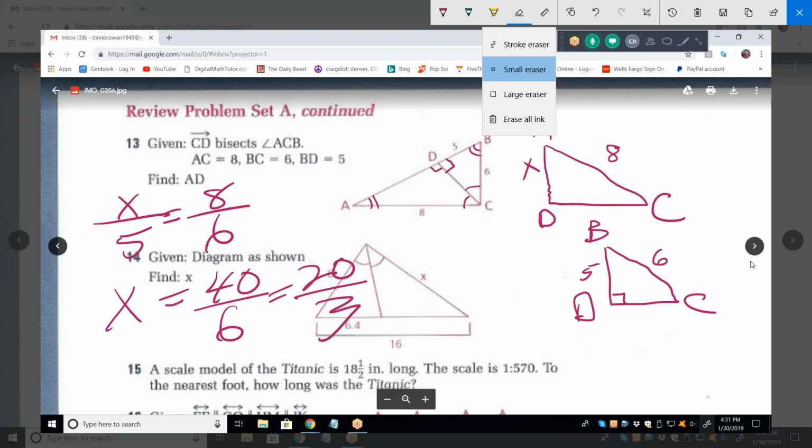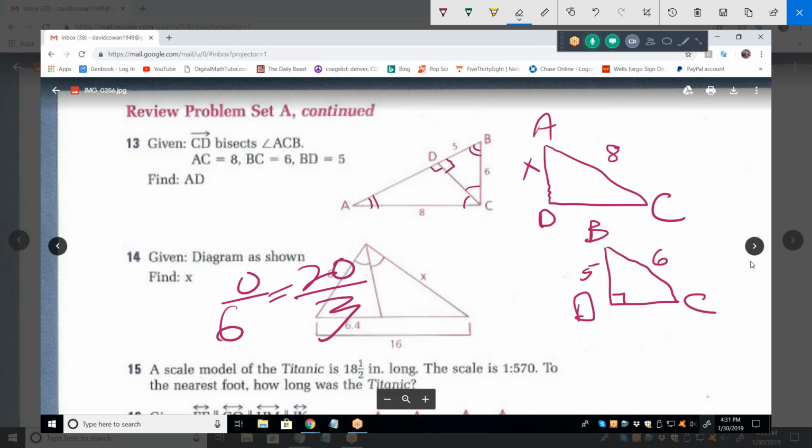Now, I'm not saying that you need to do this when you take it as a test, because some people are able to see this. You can certainly see that the hypotenuses are 8 and 6, because the hypotenuse is always opposite the right angle. So I know the hypotenuse, but I wouldn't right off the get-go.